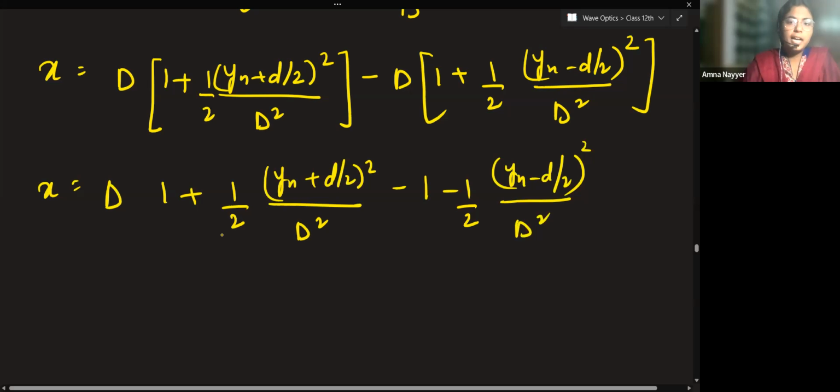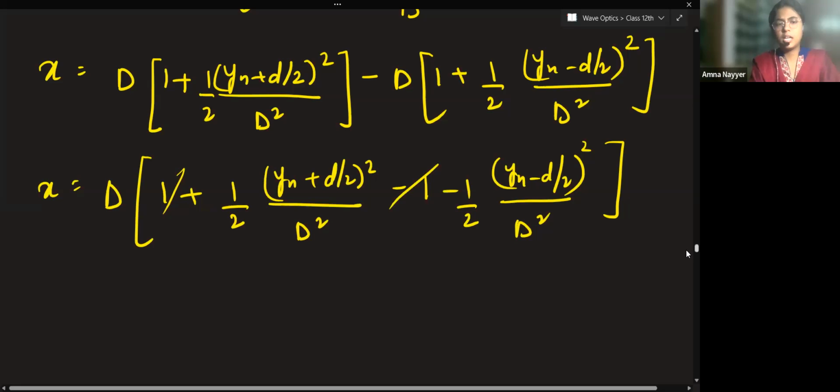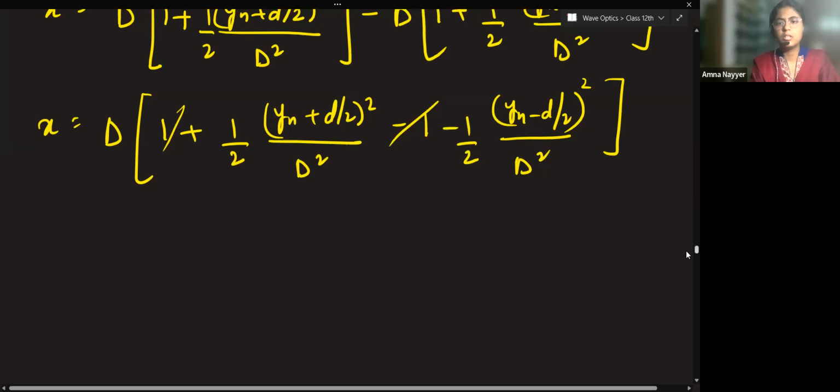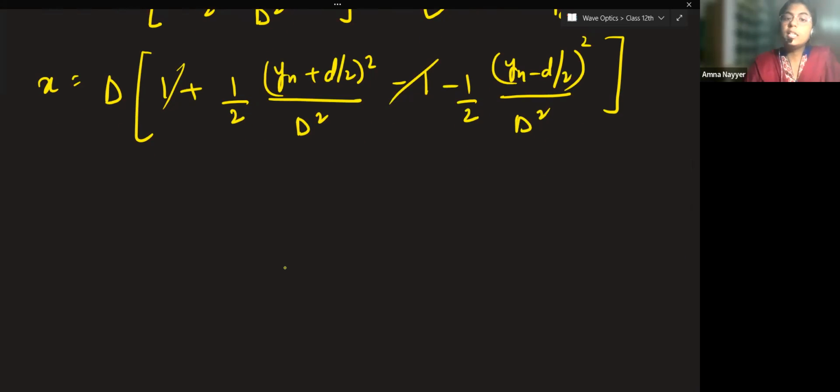Now 1 minus 1 cancels. We leave half as it is because we need half for our calculation. We can take half D square common as well.